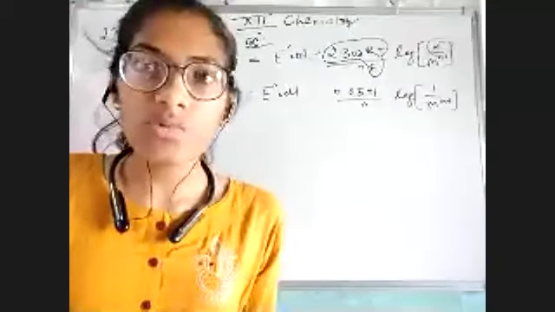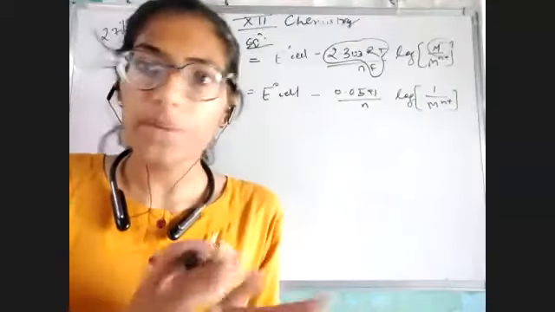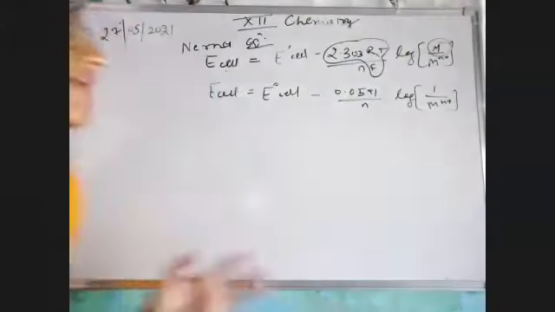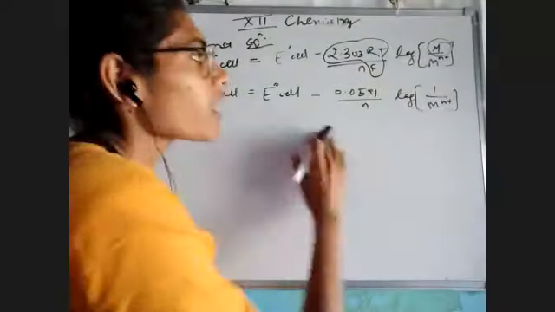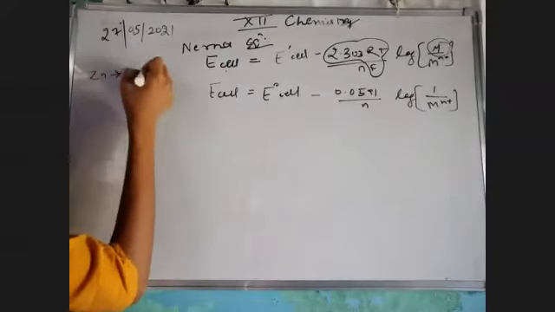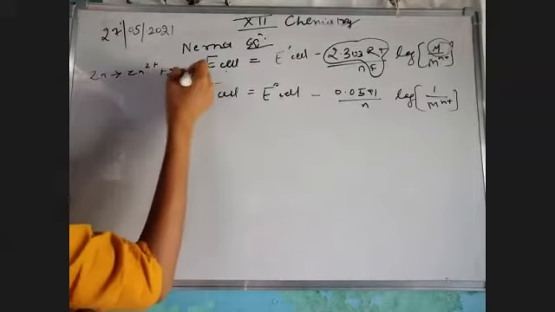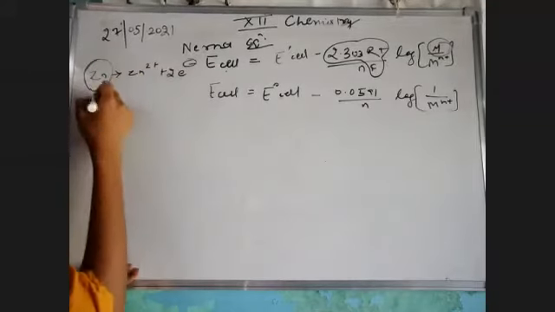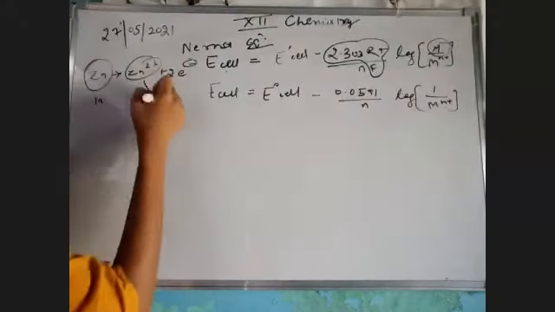But the Nernst equation is much beyond this particular point. We have done this only for a half cell, just like zinc converting into zinc 2+ plus 2 electrons. So this is my initial concentration, this is my final concentration.